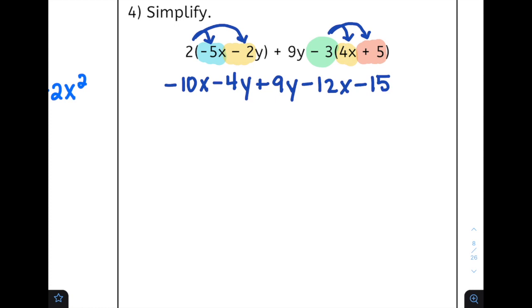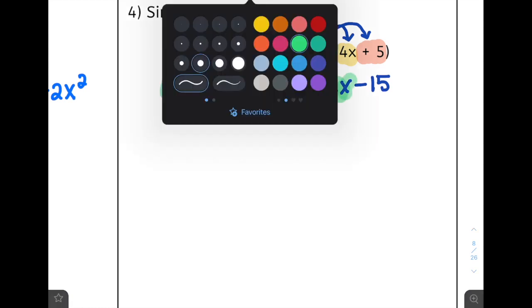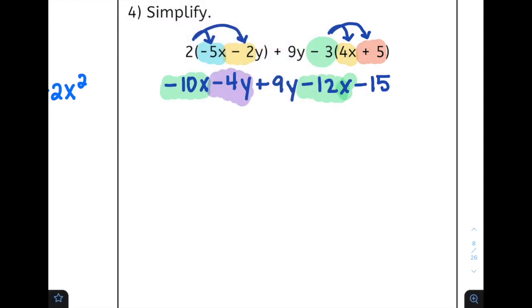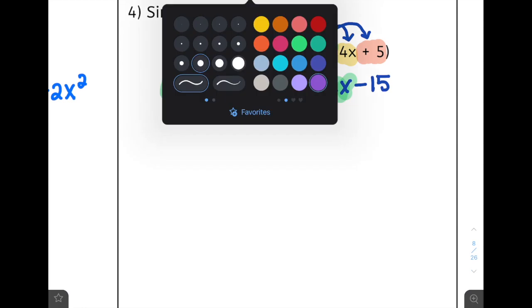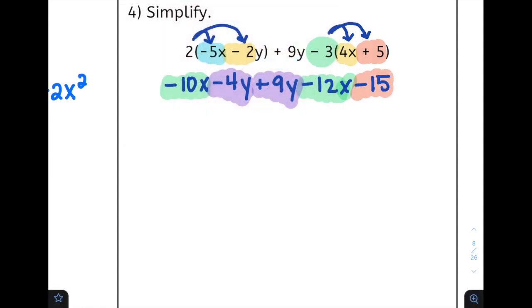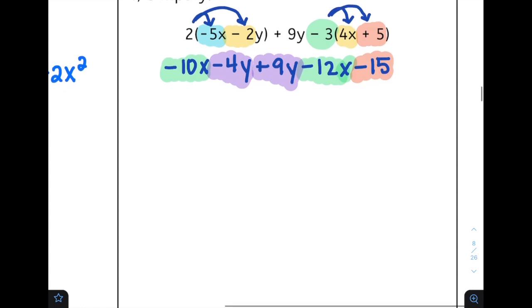So here we have negative 10x, negative 12x. Okay. We have negative 4y, positive 9y, and then we have negative 15. So what I'm going to do is I'm going to create a table.